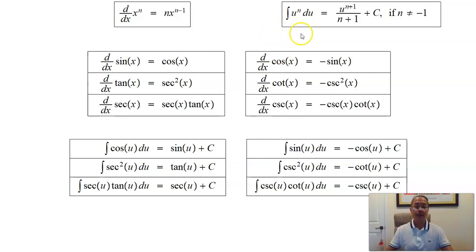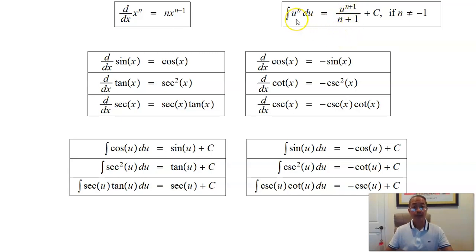So this time, if you want to find the antiderivative of u to the n du, we increase the exponent by 1, and we divide by that new exponent. Of course, the general antiderivative has a plus c, the constant of integration. We can't divide by 0, so n cannot be negative 1. So you add 1 to the exponent and you divide by the new exponent.